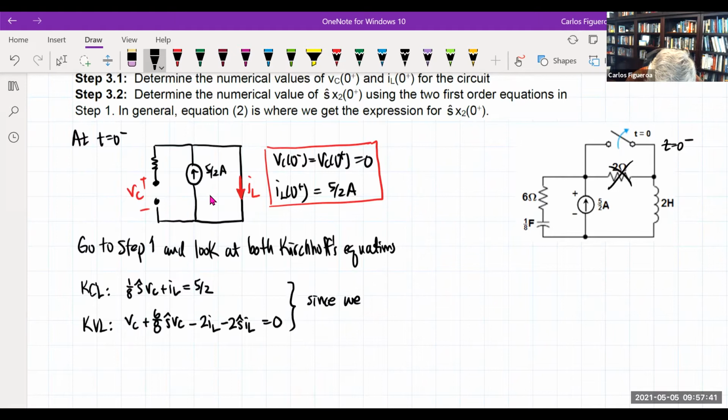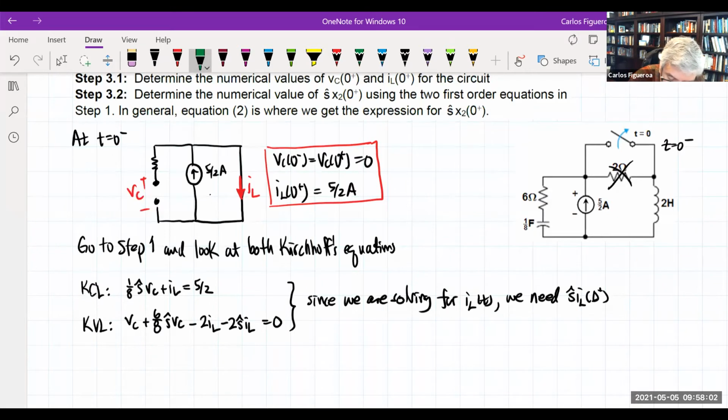Since we are solving for IL of t, we need S hat IL of t at 0 plus. So these are the equations. And look at this guy. You could come in here and you could just say, well, look, here it is.